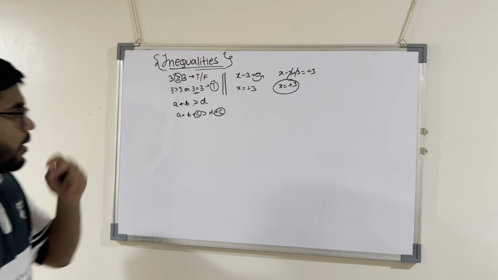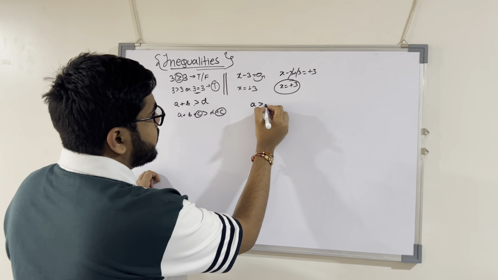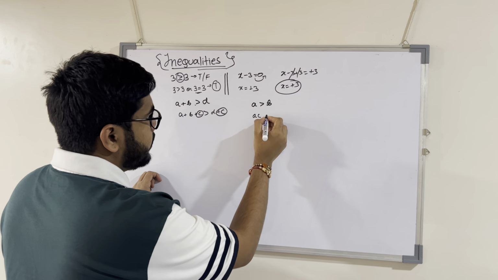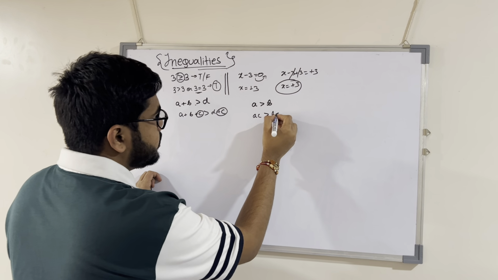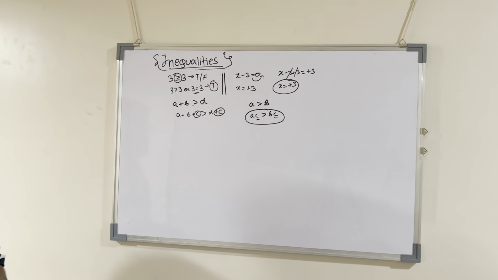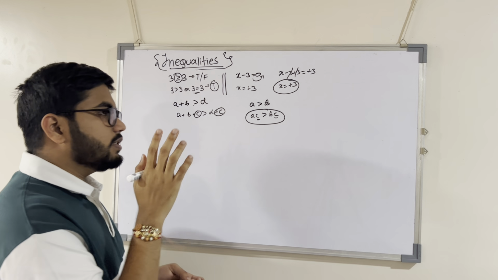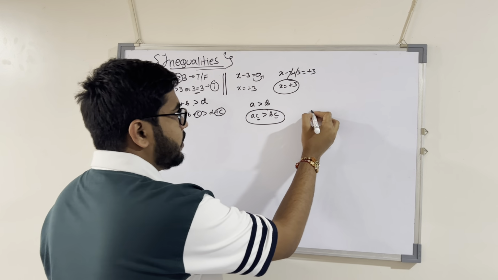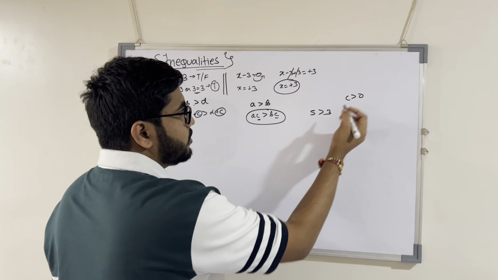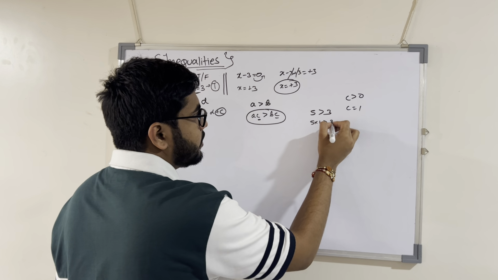Okay, and suppose there is another case of a is greater than b. Now if we have AC, will it always be greater than BC? Will this be true? See, the way of going about inequalities is that you have to always take an example in mind. Now suppose I have the example 5 greater than 3, right? If C is greater than 0, suppose C is equal to 1, it will be 5 into 1 greater than 3 into 1.